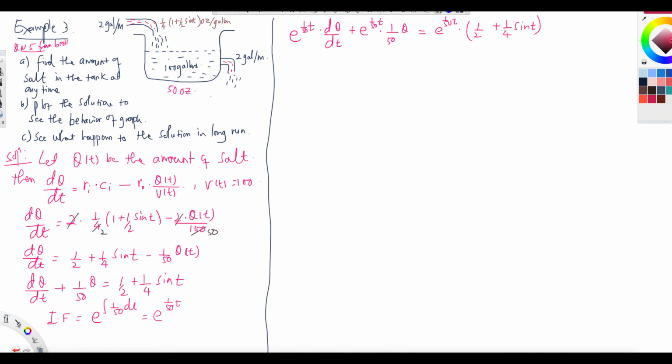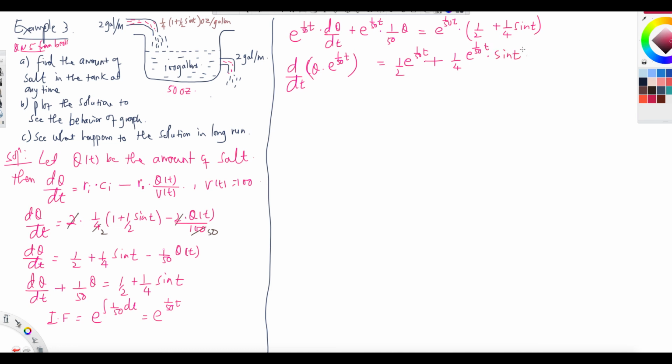On the left side it is always d/dt of the Q function times the integrating factor e^(t/50). That's the left side, right? On the right side it is just the same thing. You can write e^(t/50) times 1/2, and then plus 1/4 e^(t/50) times sine t.